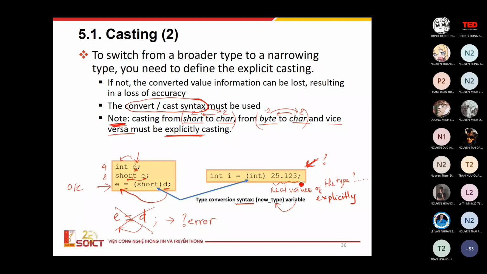Let's check the literal lesson. This is the type double, because you don't have F or D at the end of this real value. For F, that means this is a value of the float type. For D, this is a value of double type. And if you have nothing here, it will be the double type.